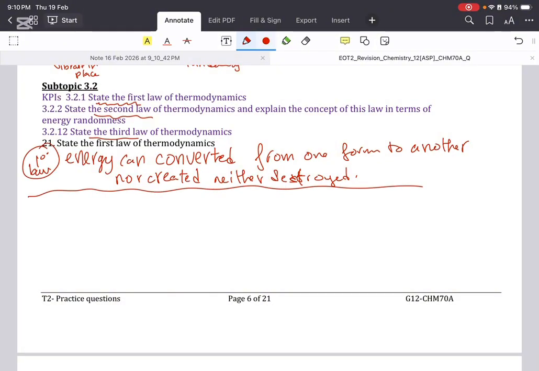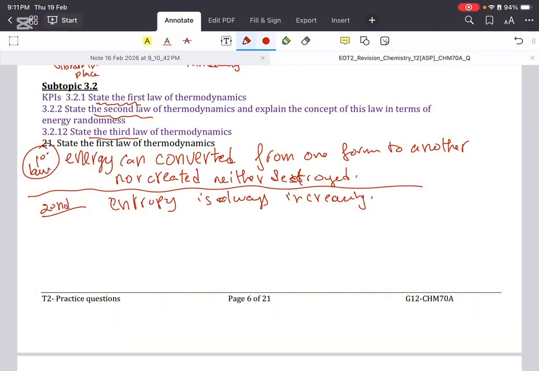Now, I think there's a question here about the second and the third law. So let me just state the second law and the third law. The second law of thermodynamics states that entropy is always increasing.